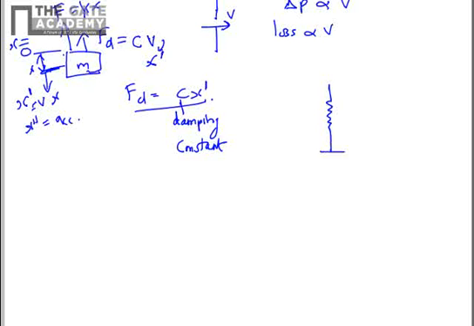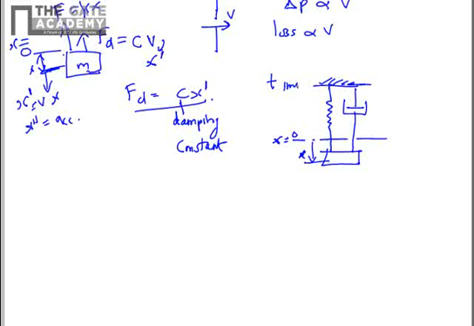In the spring mass system, you have a damper and spring attached. Let's say the zero position is this, x equal to 0, and the displacement is x from the zero position at any time instant t.